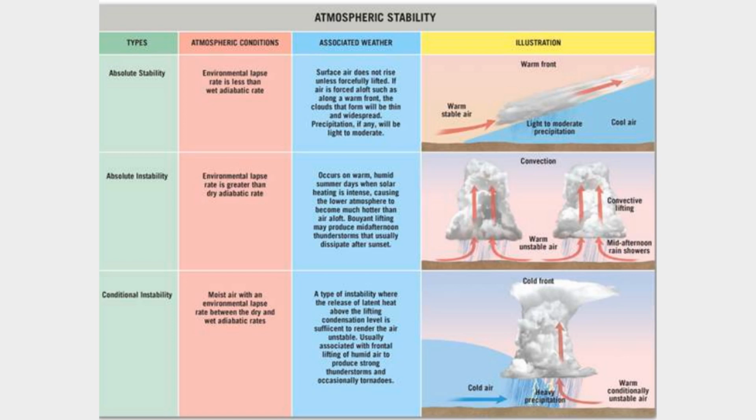Absolute stability occurs when the environmental lapse rate is less than the wet adiabatic rate, absolute instability occurs when the environmental lapse rate is greater than the dry adiabatic rate, and conditional instability occurs when moist air has an environmental lapse rate between the dry and wet adiabatic rates.